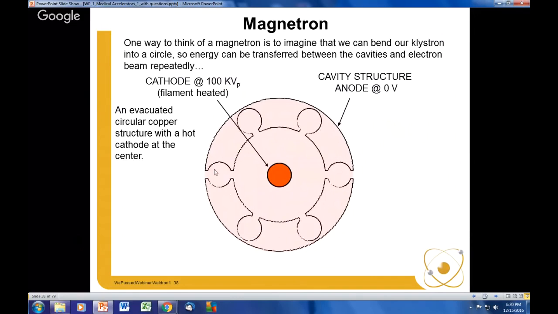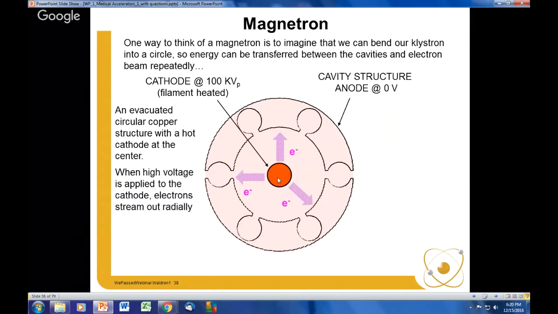And these are RF cavities, and they are going to be sized such that their resonant frequency is somewhere of interest to us. At the center of this affair, we've got a cathode, a filament heated cathode that's going to give off electrons. And when we apply some negative high voltage to this cathode, those electrons are going to be driven off radially.